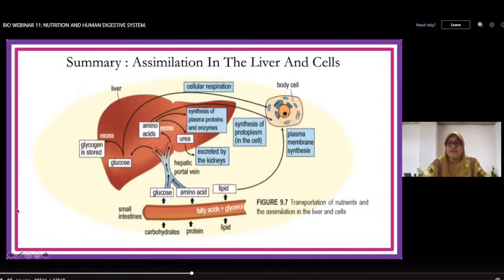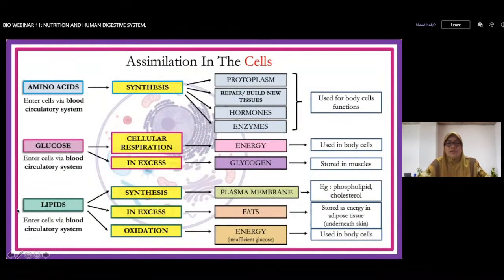Okay, so next, dalam keadaan yang lipid tadi berlebih-lebih, okay, dia akan tukar kepada fat, and then all this fat are keep and then store as energy in the adipose tissue that is underneath skin lah, dekat bawah kulit. And also oxidation of lipid juga, okay, to release energy.